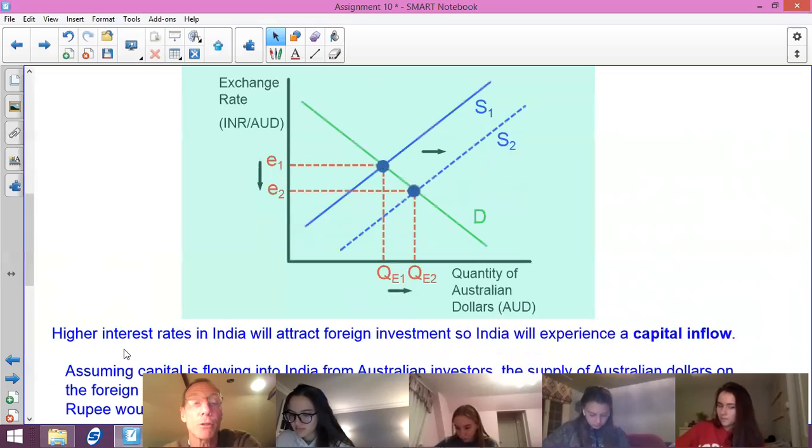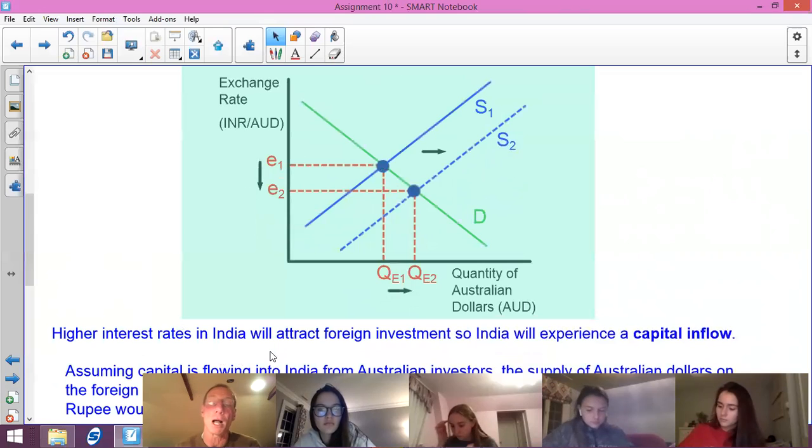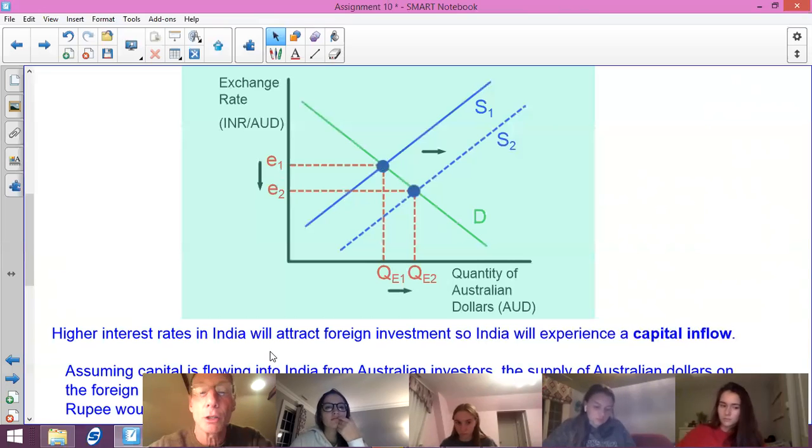We know that if we have higher interest rates in India, from our study that's going to attract foreign investment, because higher interest rates mean higher return on investment when they're buying government bonds, things like that, or making capital investments, private investments in India.